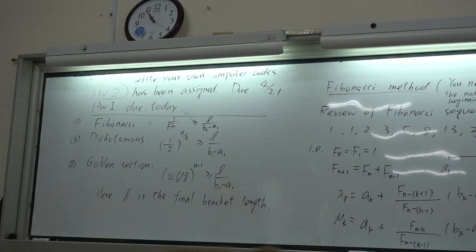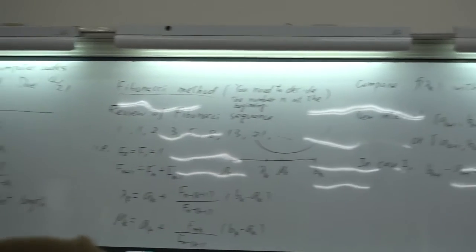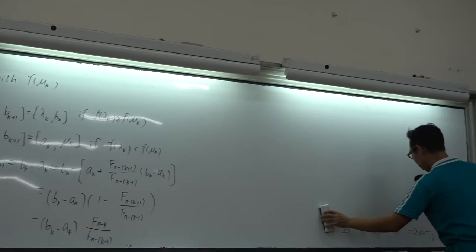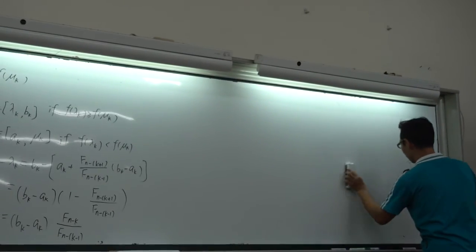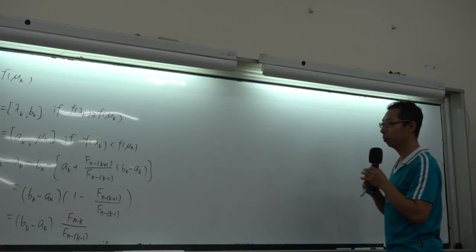So basically, these are the elimination methods I would like to talk about. And for the approximation methods, I think I will just talk about some basic ideas. You can read the class notes for more detailed algorithm. Okay.